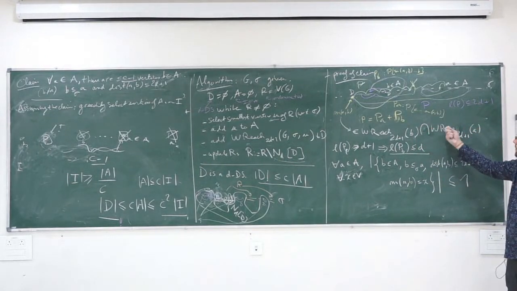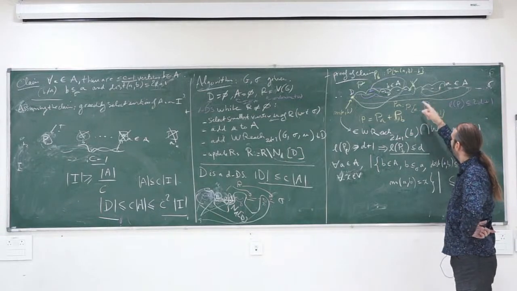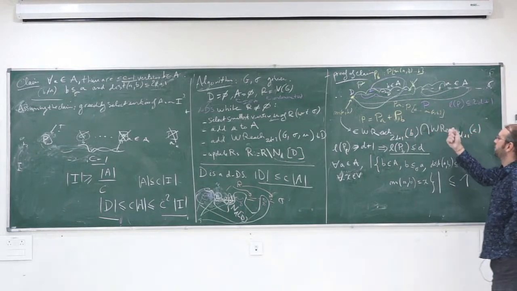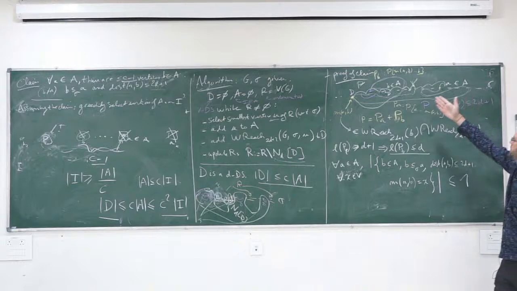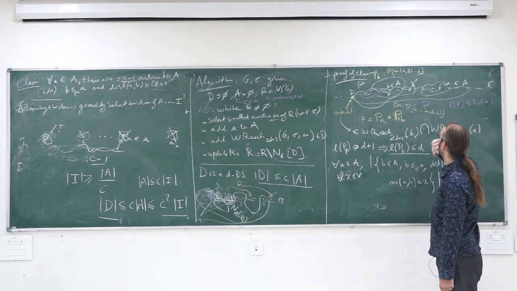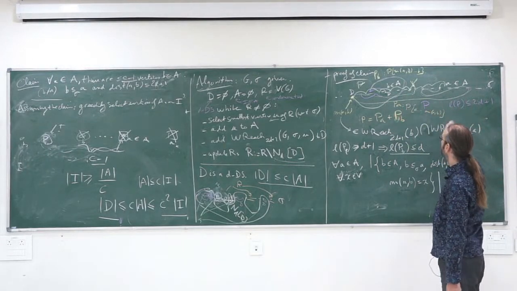But if you had one b prime which had the same properties as b, again, I'm not going too much into details, but you would have another path p prime going from a to b prime. You can decompose it into 2 by exactly the same arguments.